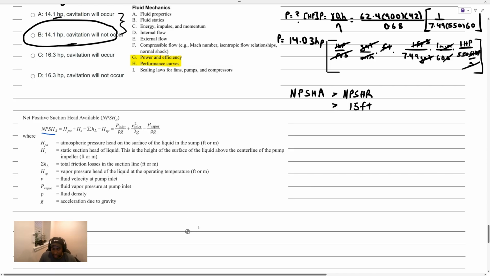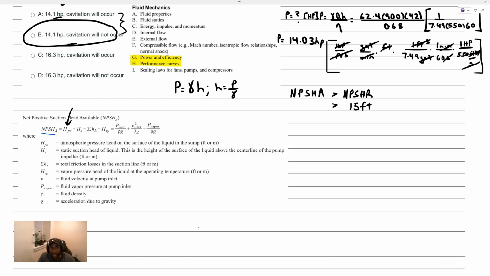Okay, all we have to do is identify some of these terms and make sure that they're all consistently in feet of water column. Now, the atmospheric pressure in feet of water column, how do we convert from pressure to feet of water column? That's just using the hydrostatic pressure equation. You can see how we convert from head: if we're given a pressure like atmospheric pressure and we want to know what it is in head, we just take that pressure and divide by the specific weight of water.